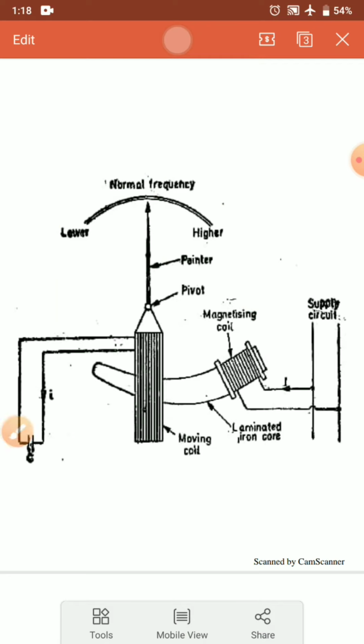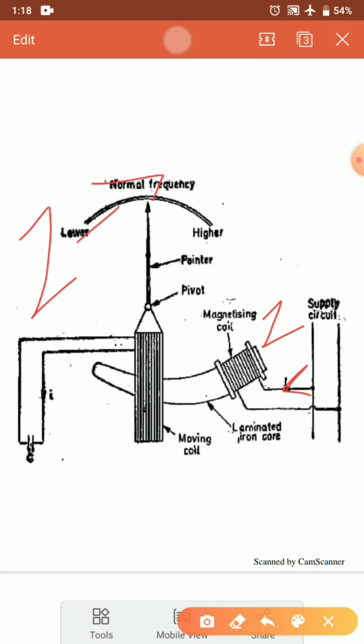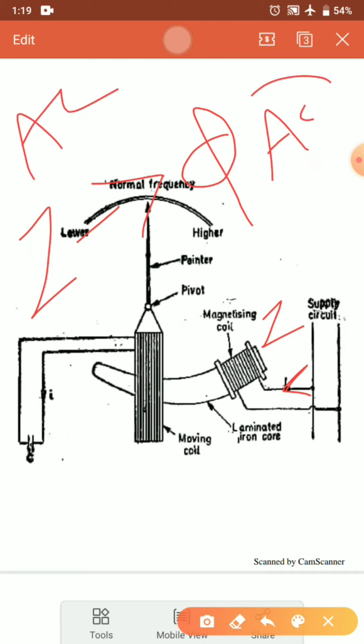Now when a current flows through the magnetizing coil, for example let us take the value of current to be I, this current I will produce a flux phi. If current I is alternating in nature, then flux phi will also be alternating in nature.